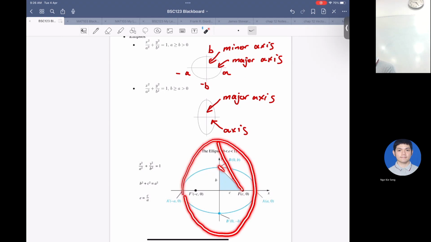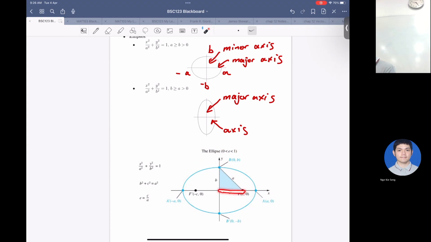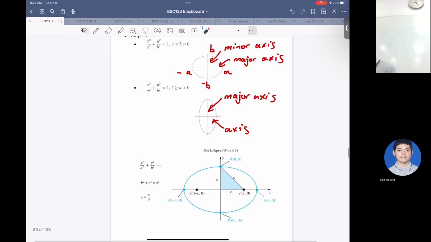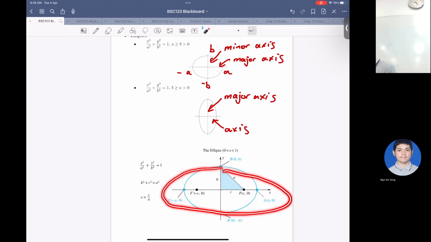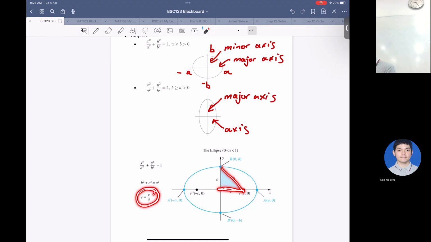If you extend along C, then this ellipse will grow longer sideways. So it is the ratio between these two lines that tells you the eccentricity.